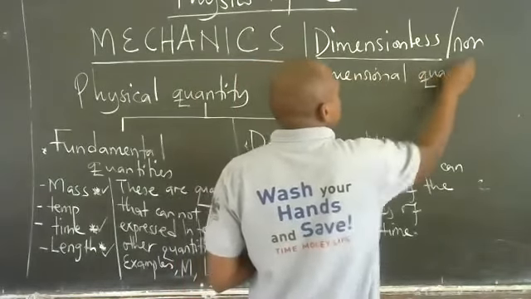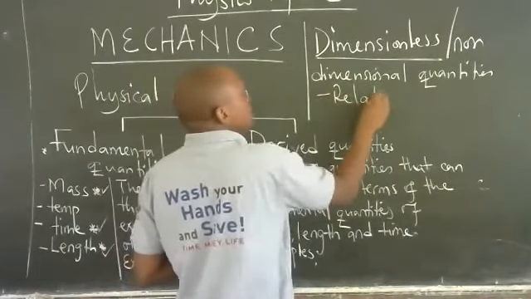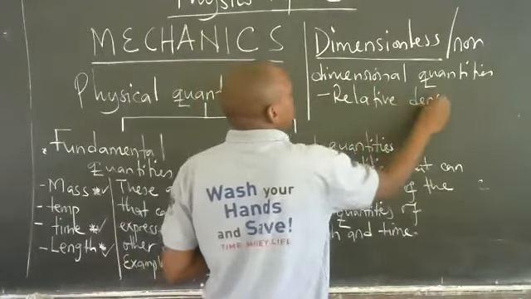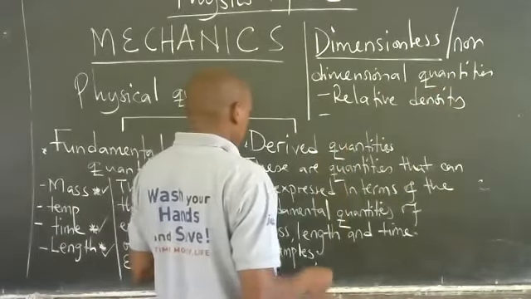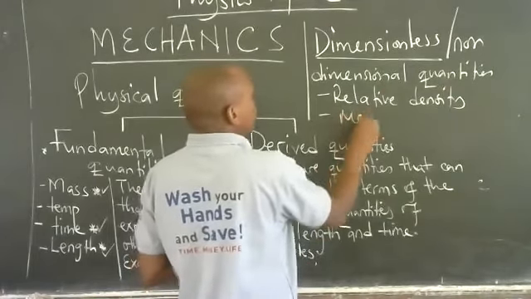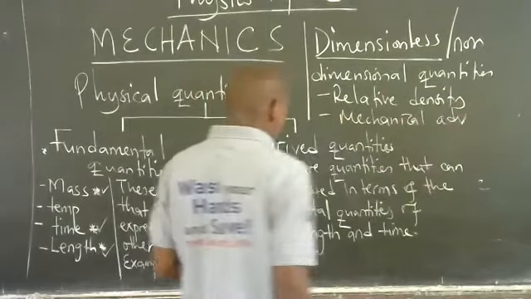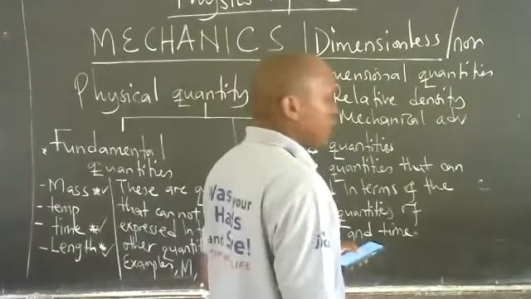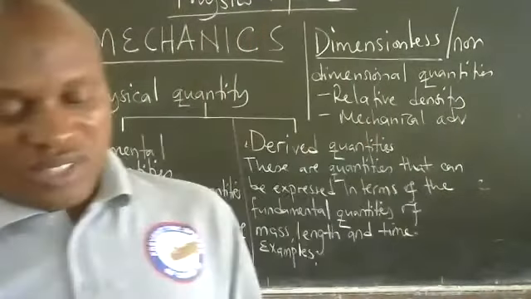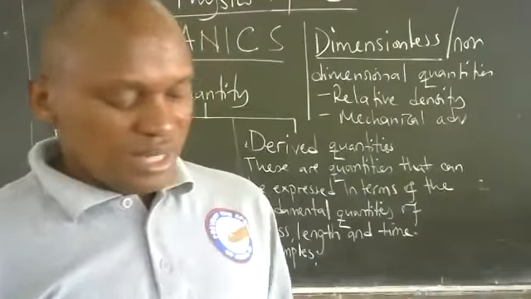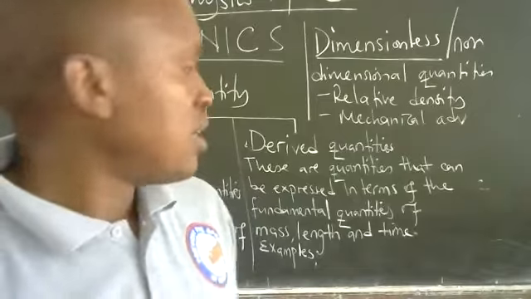This is where we mention things like relative density, mechanical advantage of a machine, refractive index, logarithms, trig functions. Those are called dimensionless quantities.